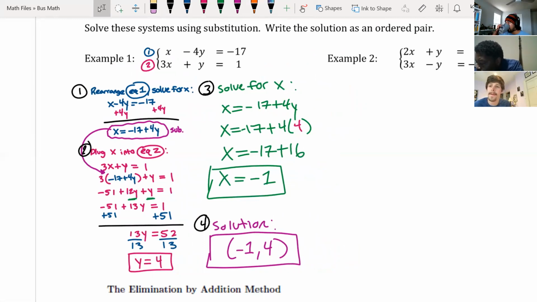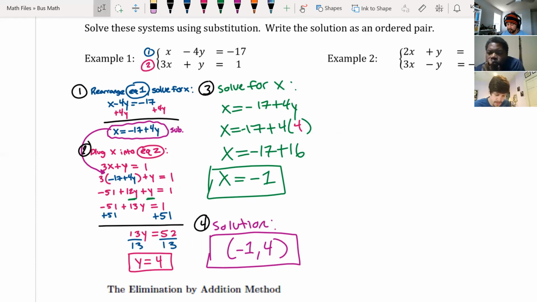Not so far. Okay, and like I said, there's no wrong way to go about these. If you rearrange equation 1, you have to plug it into equation 2. If you rearrange equation 2, you have to plug it into equation 1. Do not plug an equation into itself because you will get nowhere.